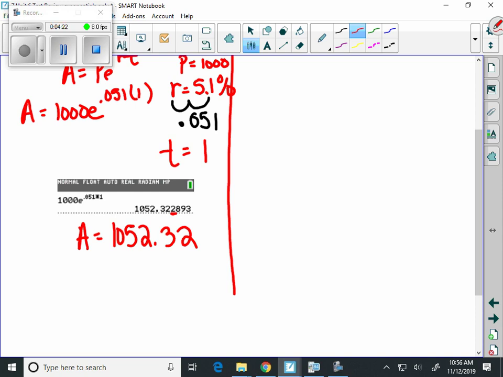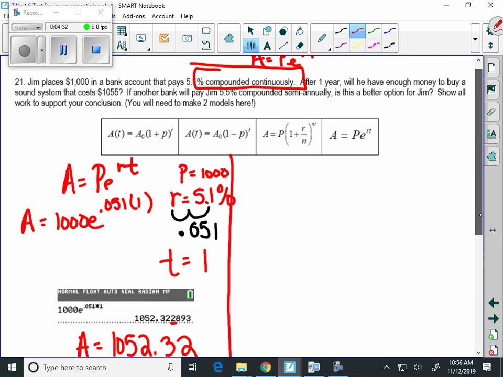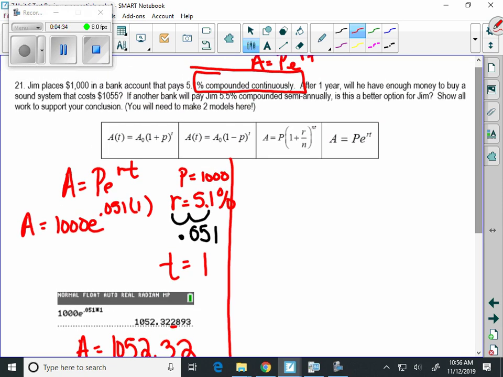Remember, he wants to buy the sound system that costs $1,055. This one's not going to be enough. But when we come over here to the next one, maybe the next one will be a better option for us. It says if another bank will pay Jim 5.5%. So he's still going to put in the $1,000.